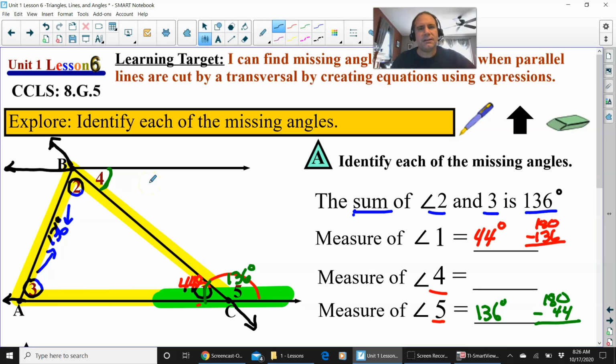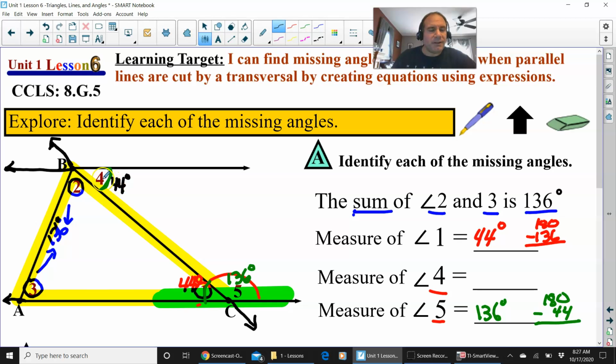So if you said alternate interior angles, you are correct. All right, and alternate interior angles are congruent. So that means angle 4 has to be 44 degrees. Angle 1 and angle 4 are alternate interior angles, so they are congruent.